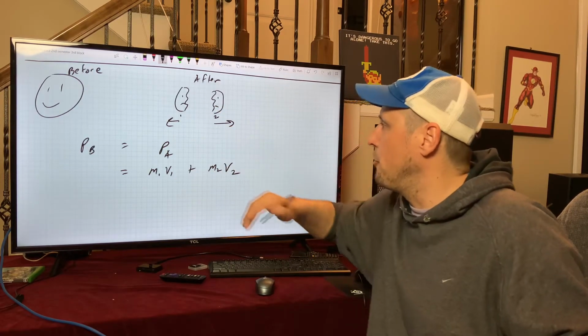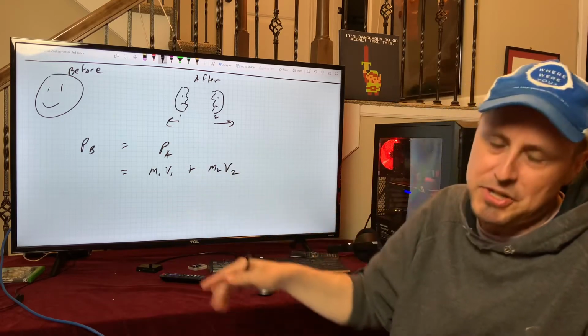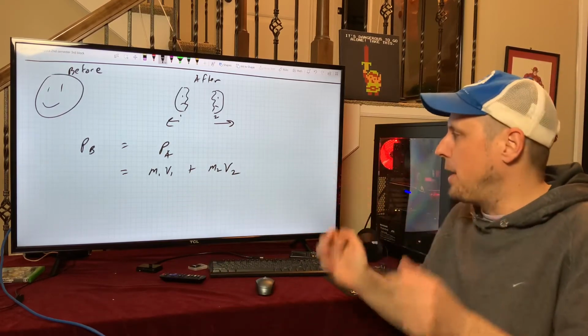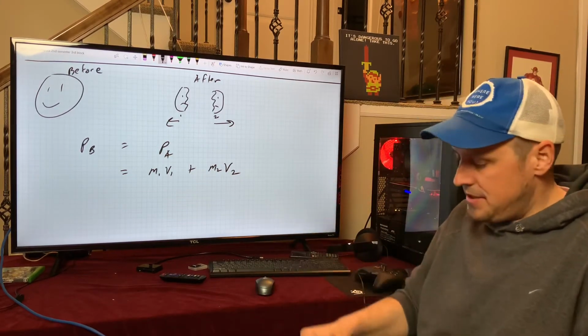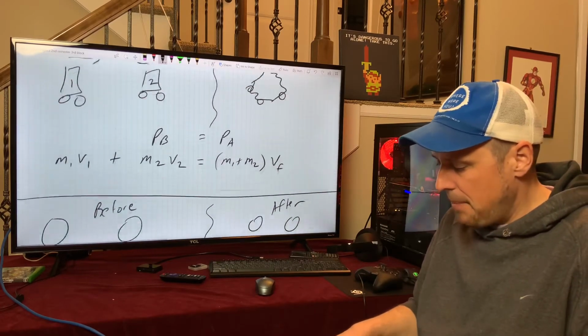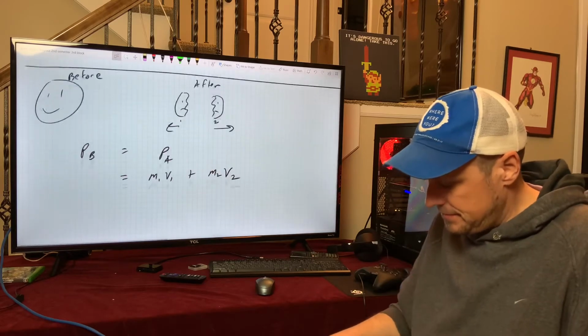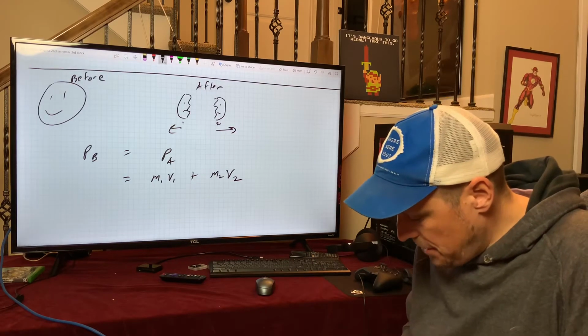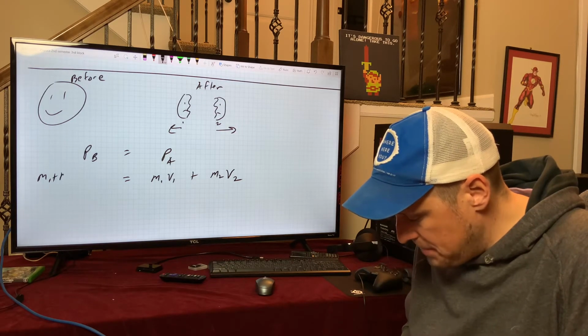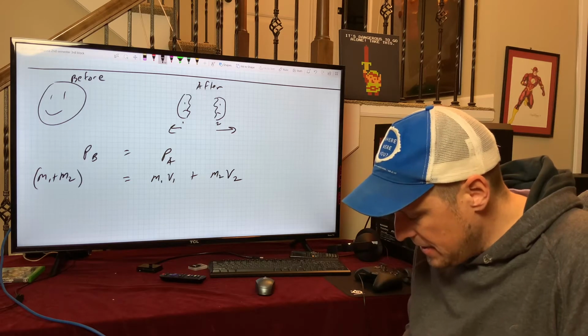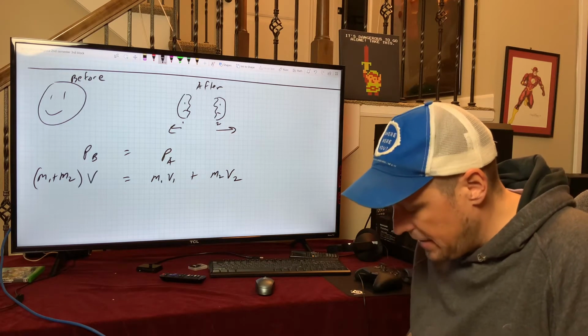You add up both of those parts. Now in the before picture, since they were stuck together, what do we have to do to the masses? Similar to what we did up here, except in reverse, we're going to have to add the masses. So I'm going to have M1 plus M2, add together the masses, times that one velocity that we have in the before picture.